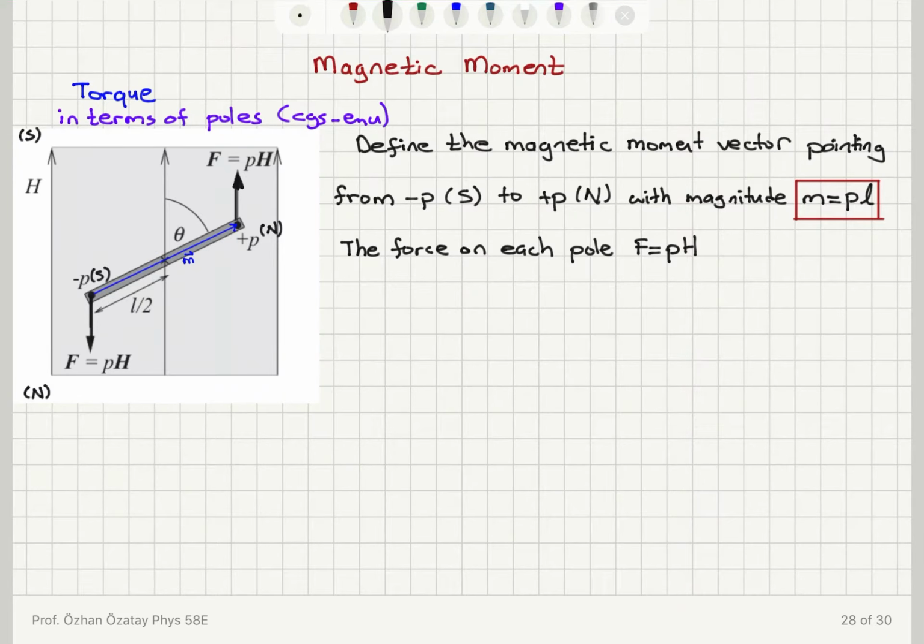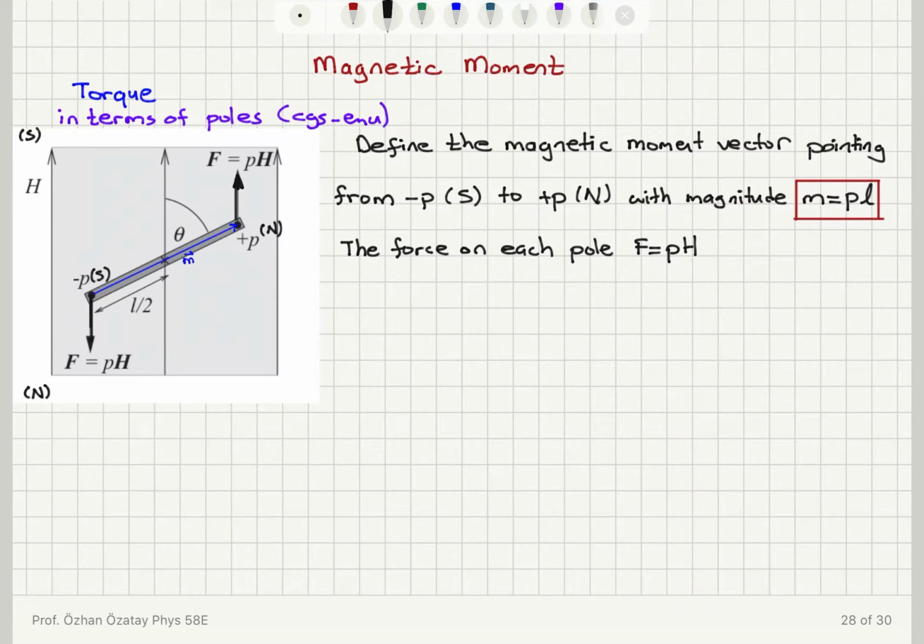Okay, so because I have this force couple acting on these poles, there will be a torque that is being applied to this configuration. As you can see, it is going to rotate until the north and south pole, or the magnetic moment vector that points from the south to the north pole, will align with the external magnetic field.